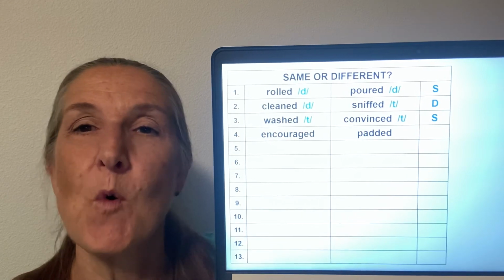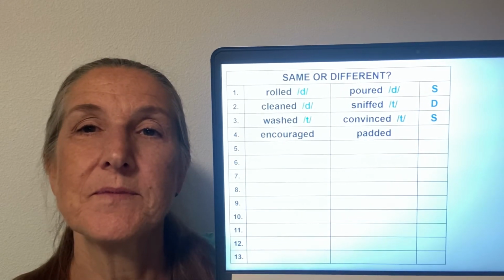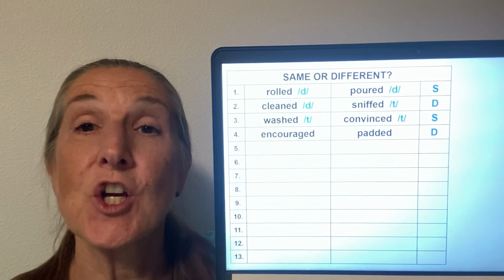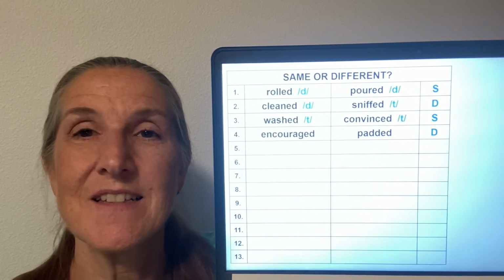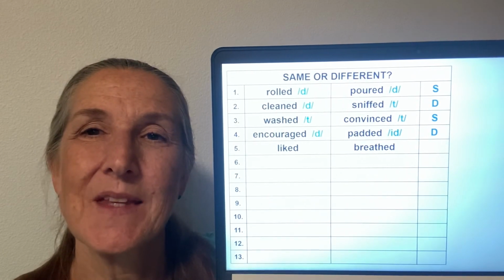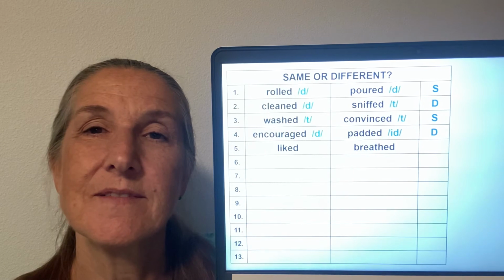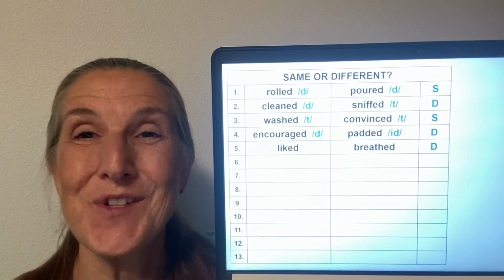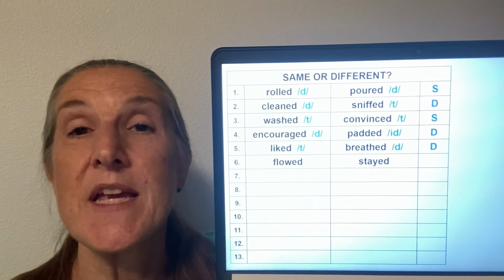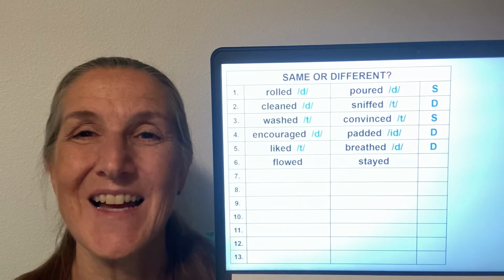What about number 4? These are different. Encouraged has the D sound, but padded has the id sound. Number 5. These are also different. Liked has the T sound, but breathed has the D sound.